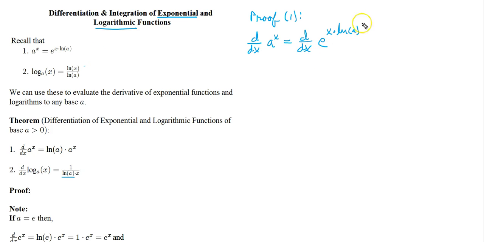Now what we want to do is take the derivative of the right-hand side, and this is going to be a little chain rule problem where this is our u right here. Now the derivative of u with respect to x is just going to be the natural log of a, because the ln of a is just a constant number. And the derivative of e to the u is just e to the u.